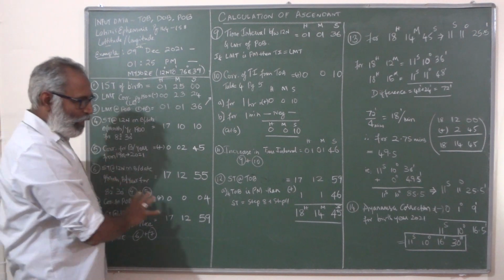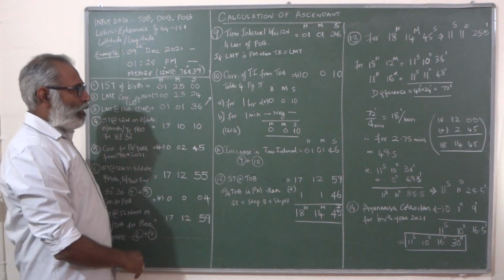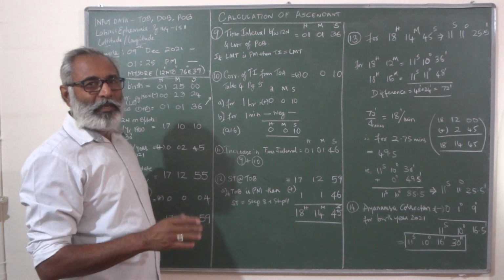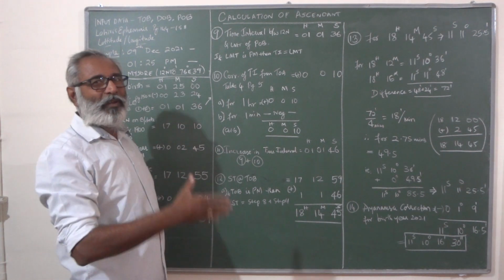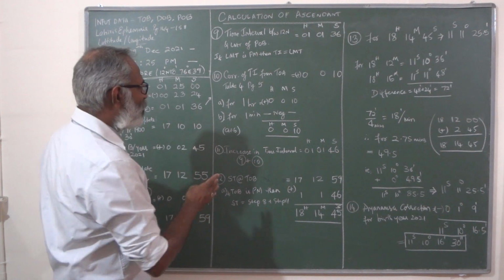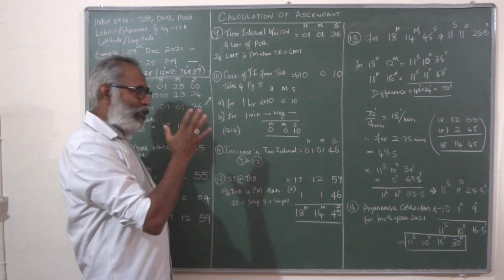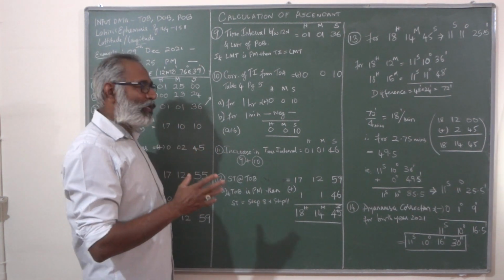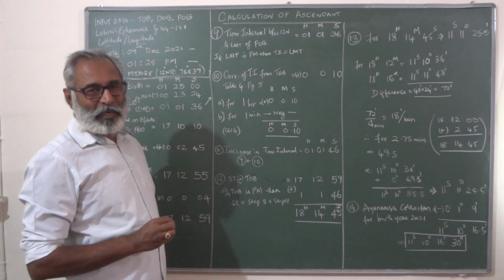The first step: there are around 14 steps here, and this is for a birth which happens in PM, that is afternoon, between afternoon and midnight, and this is for the northern hemisphere. There are different systems, with small calculation differences which are required.